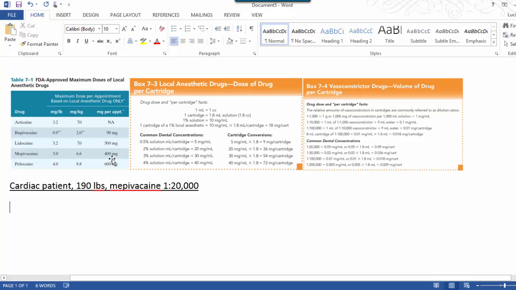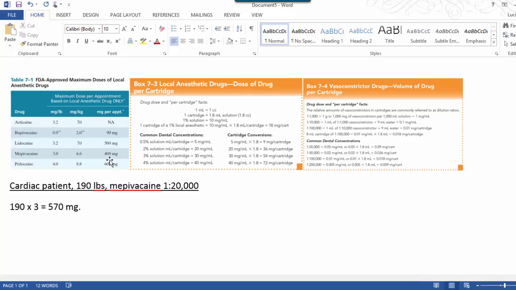To calculate this patient's MRD, you're going to multiply his body weight, 190 pounds, times the milligrams per weight of mepivacaine, which is 3, is going to equal 570 milligrams. Now this is over the MRD for mepivacaine of 400. So you'll be going by the absolute MRD of 400.